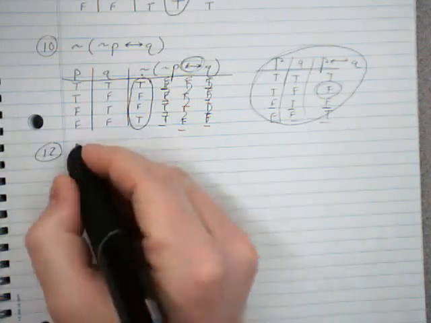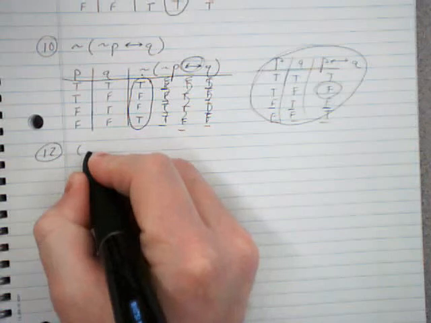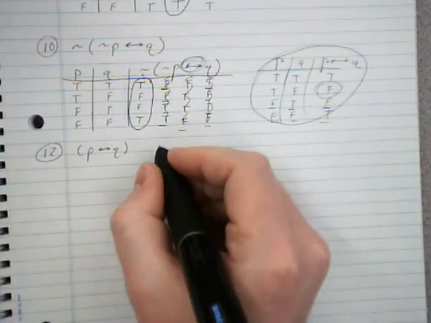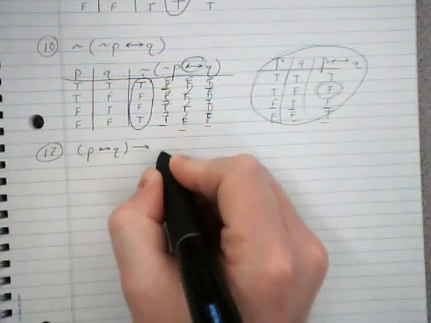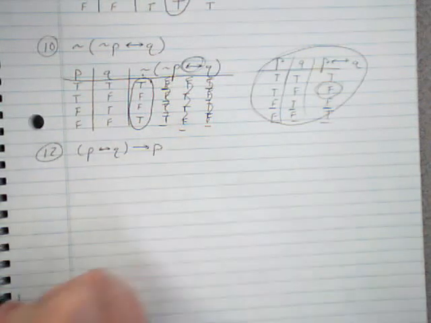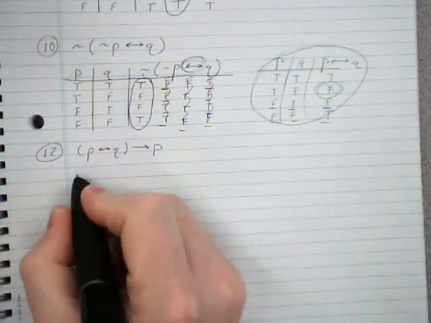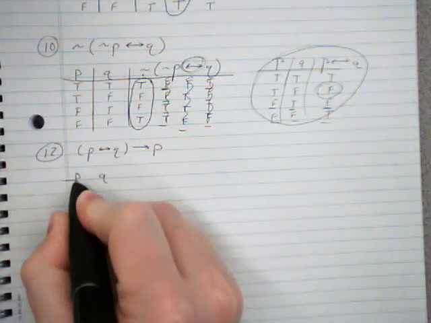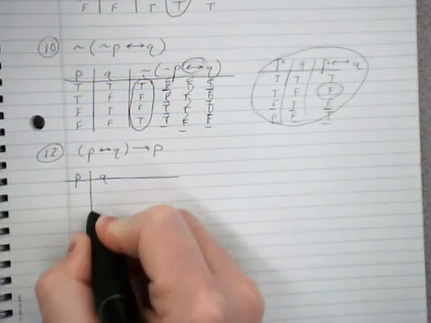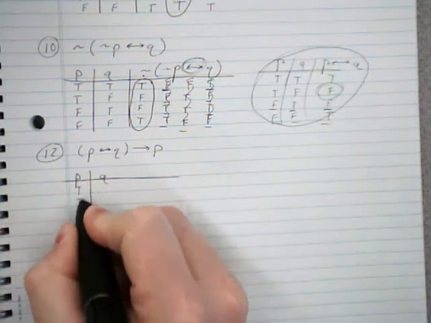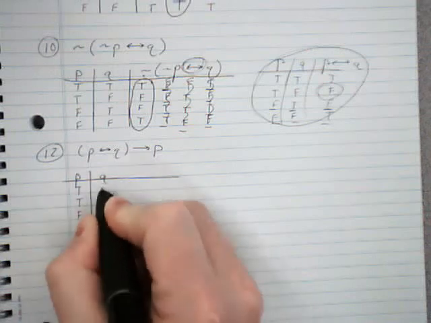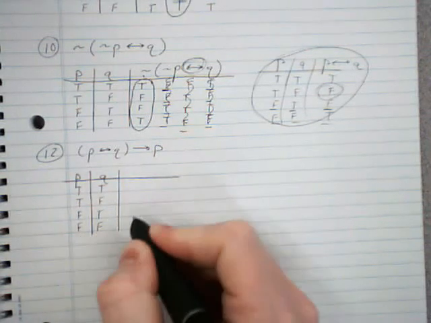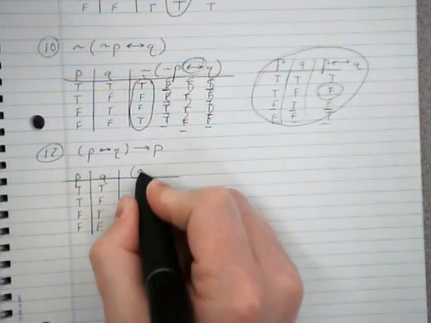So number 12 says parentheses, P biconditional Q, and then a conditional on P. So we start off with P and Q because it's the only two letters we got. True, true, false, false. True, false, true, false. And then we write in our statement.